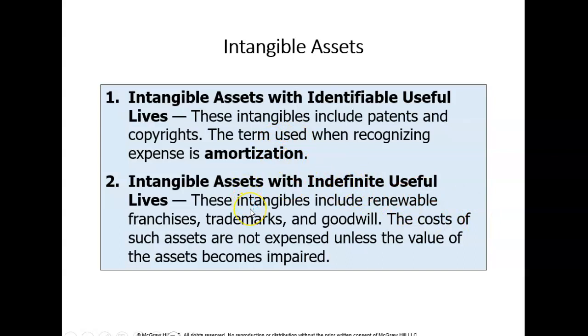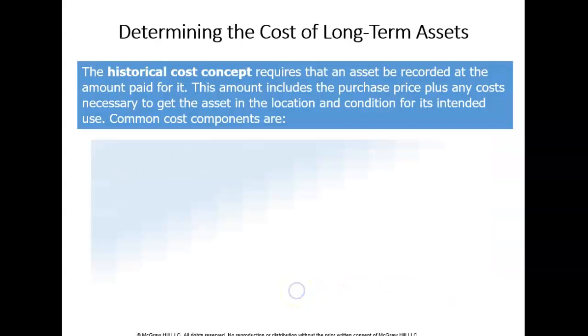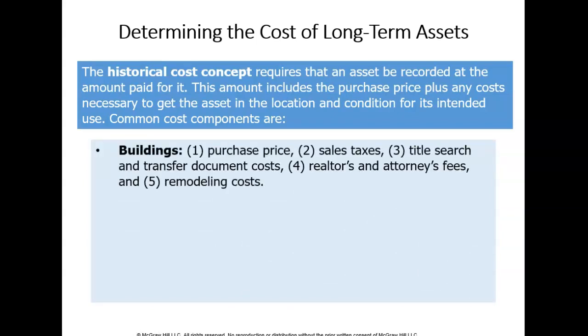We'll discuss those as well for items such as franchises, trademarks, and goodwill. Now, although these assets are not going to be amortized, they can become impaired. So we'll discuss what it means once an asset has become impaired. Okay, that's a lot, but that's a rundown of what we'll cover in this chapter.